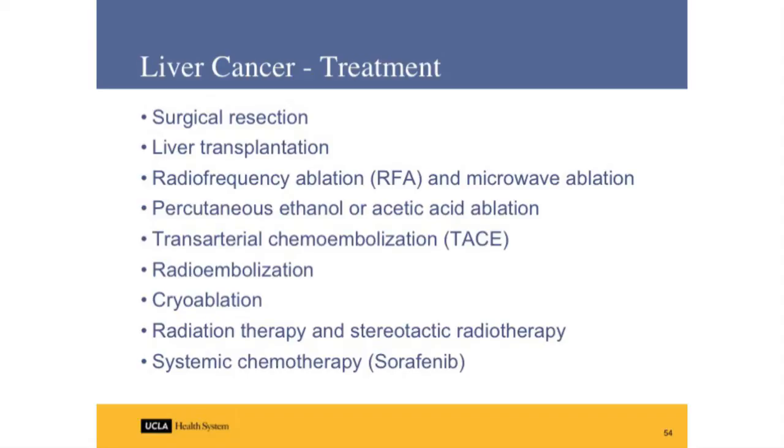And then there's radiation, and then there's systemic chemotherapy, which is a drug. The agent that's used is sorafenib, an oral drug, which is oftentimes used in those patients who don't have resectable disease, where we're basically using it for palliation or palliative care.